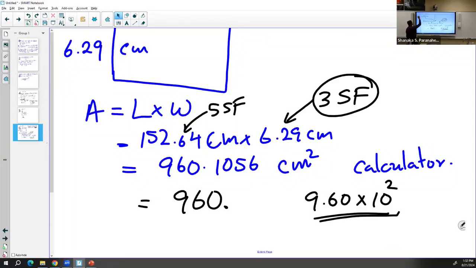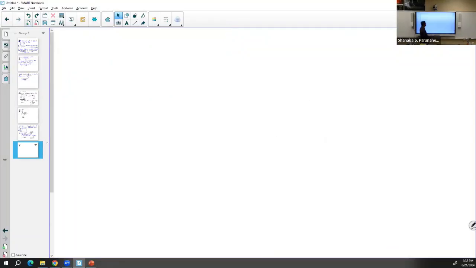So let's see how good you are at counting significant figures and rounding numbers.